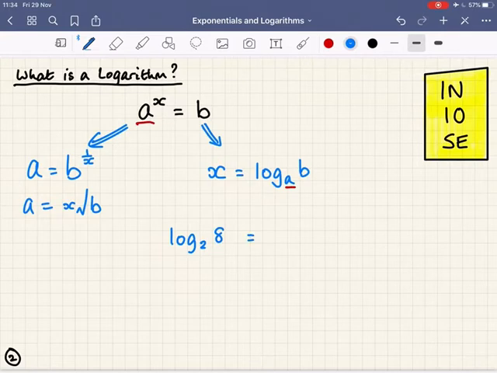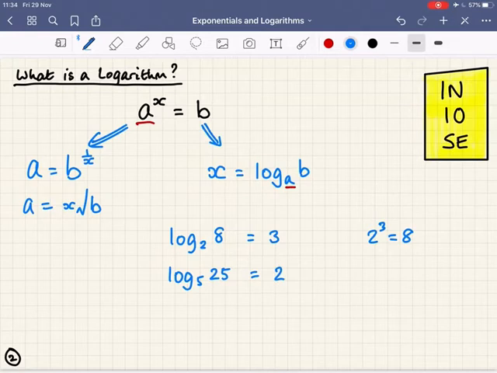Well, we know that 2 to the power of 3 equals 8, so log to base 2 of 8 must be equal to 3. Log to base 5 of 25 must be equal to 2, because 5 squared is 25.